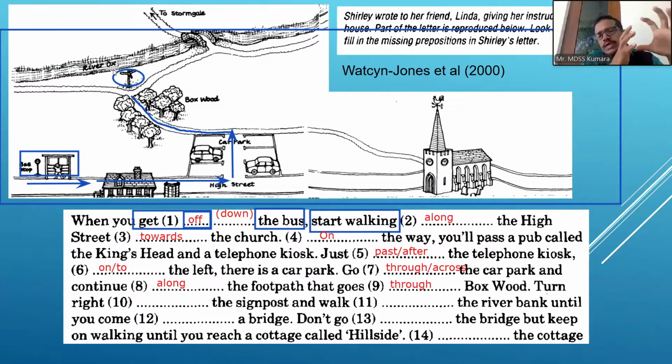For a fixed point in a journey, the preposition English people use is at. To refer to a fixed point on a journey, English people use the preposition at. Turn right at the signpost.